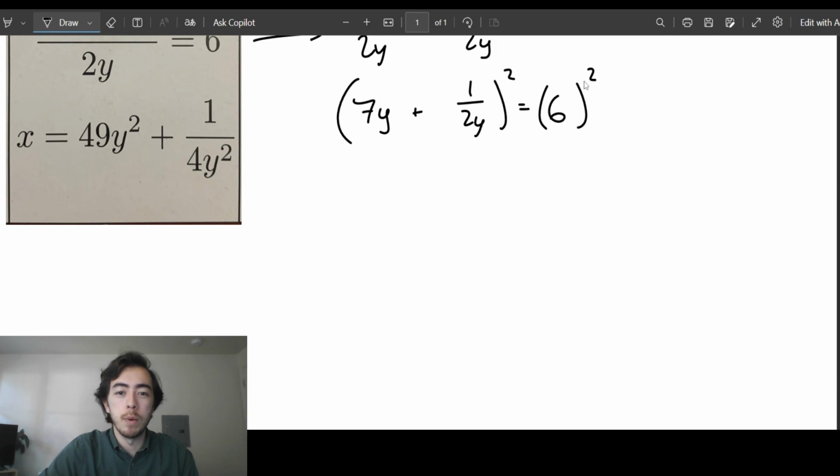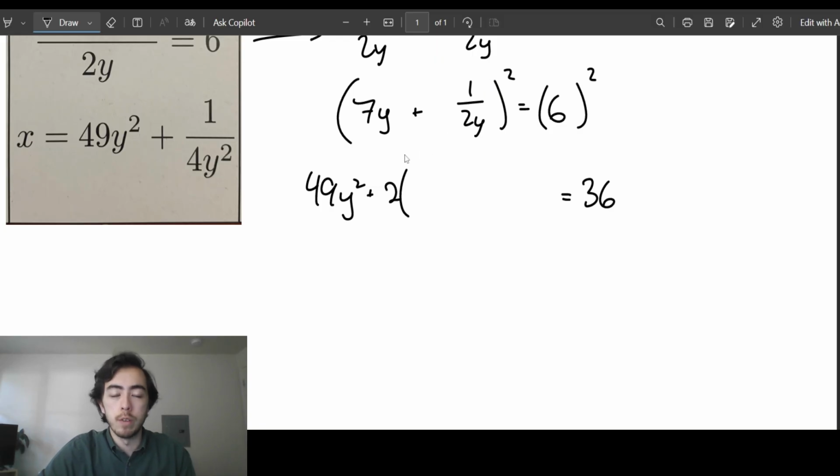So I can square both sides like this. On the right side, I will get 36. On the left side, whenever you do a binomial times a binomial, you need to do first times the first, that is 49y squared. And then you'll do twice this product right here, so I need to do 2 times 7y times 1 over 2y.